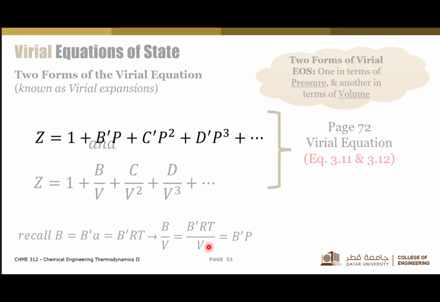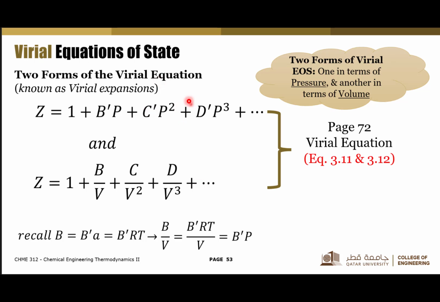So that's the virial equation in the form in terms of pressure, but we can also write it in terms of volume. How do we do that? We just use the ideal gas. We plug in B equals B prime over A. A is RT. So B over V, I took this B divided by V, is B prime RT over V, which is B prime times pressure.